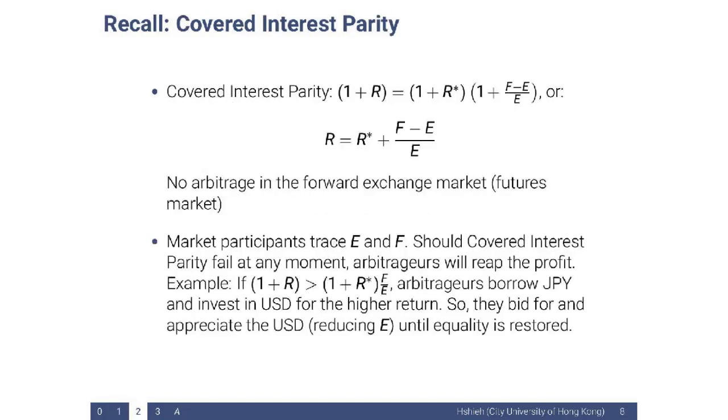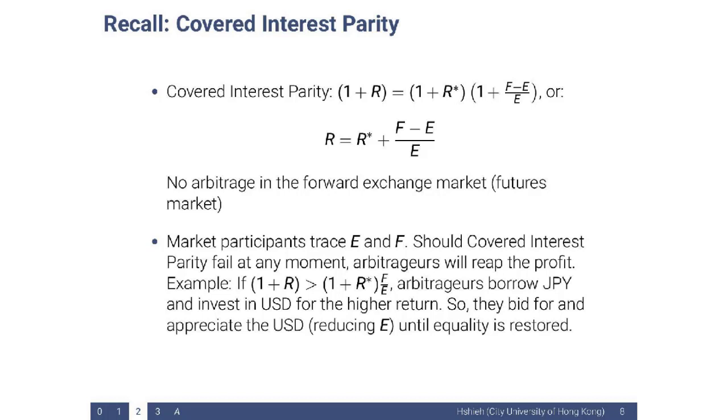Okay, so let's finish up today's lecture. We talked about transitioning from the covered interest rate parity to the so-called uncovered interest rate parity. It's called uncovered because we're no longer engaging in the forward contract, and we are intentionally exposing ourselves to foreign currency exchange risk.